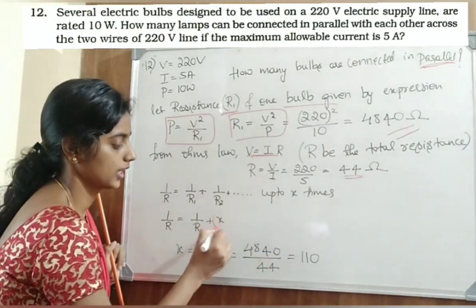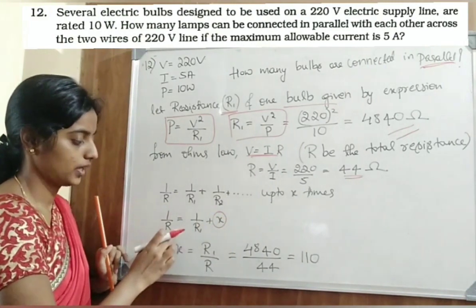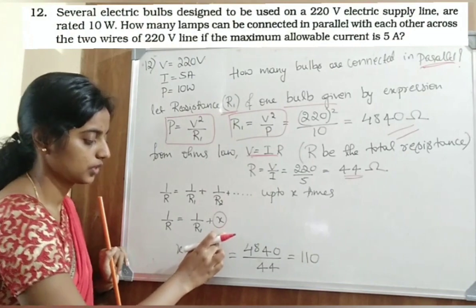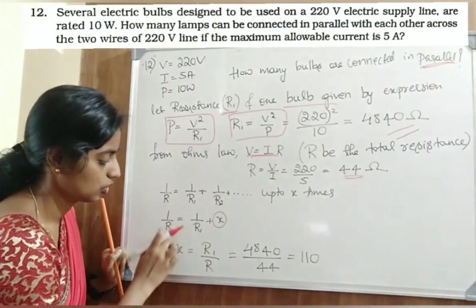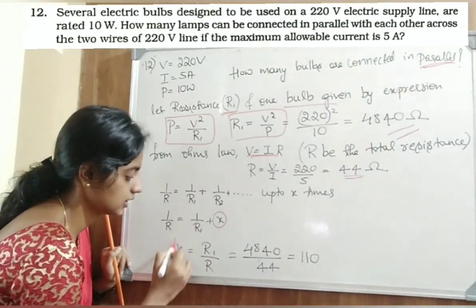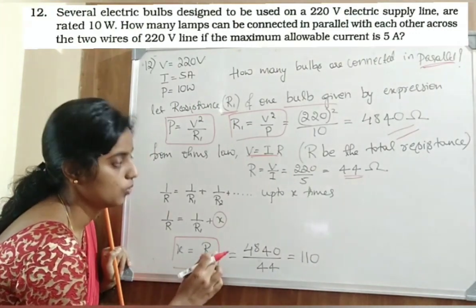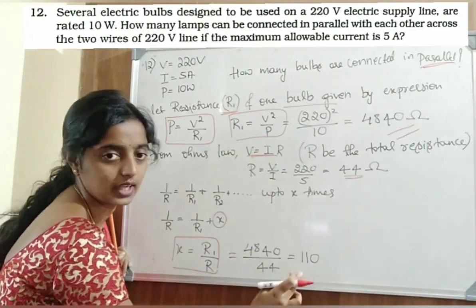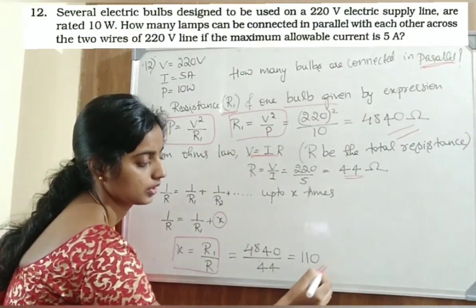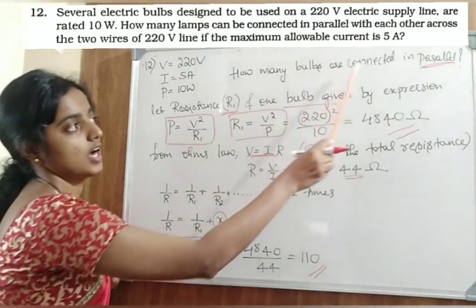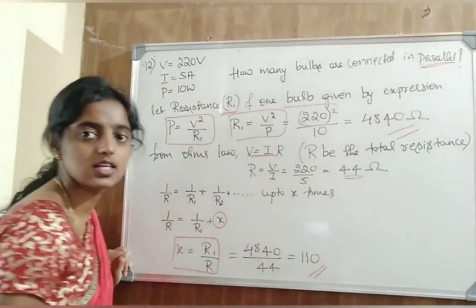Therefore, let us take it as X. 1 by R is equal to X by R1. Now take out X outside, cross multiply this one, we will get R1 divided by R. This is our final equation. Since we know both R1 and R, substitute them and calculate, we will get 110. Hence 110 bulbs are connected in parallel in this circuit.